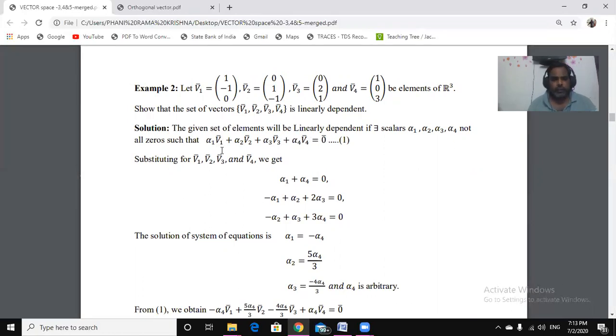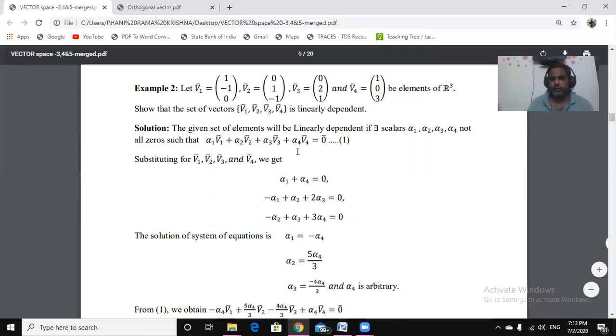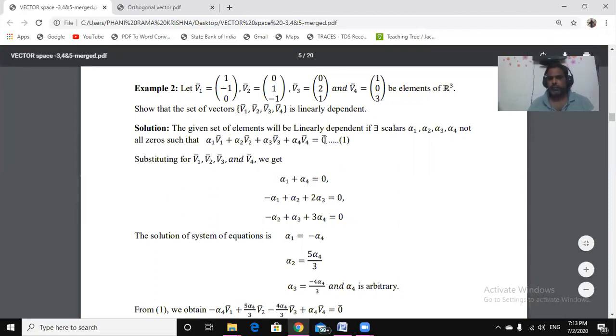Here I try to find these scalars: is it possible to find scalars such that the linear combination of these vectors is 0 or not? Equating the sum of these vectors to 0 and equating corresponding elements on both sides, the first element gives alpha1 plus alpha4 equal to 0. This is the second condition, and this is the third condition.